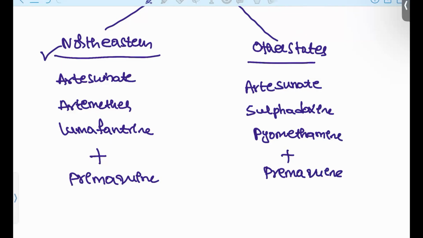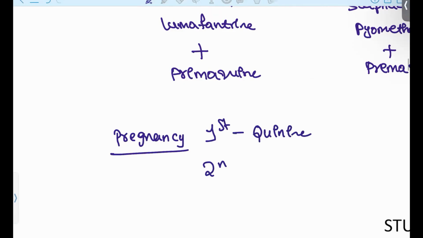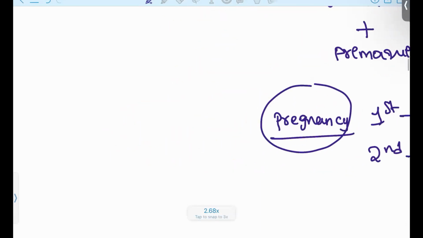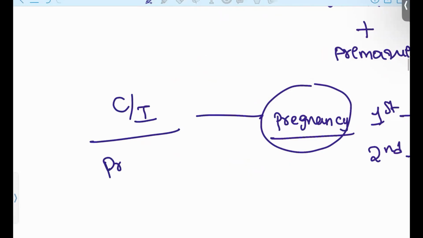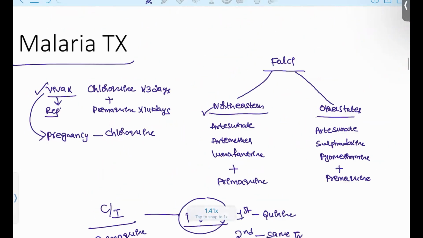And in pregnant patients, in the first trimester we give quinine, and in the second trimester, the same treatment. Okay, same treatment. But in pregnant patients, primaquine is contraindicated. Okay, primaquine should not be given. That is the whole malaria treatment protocol.